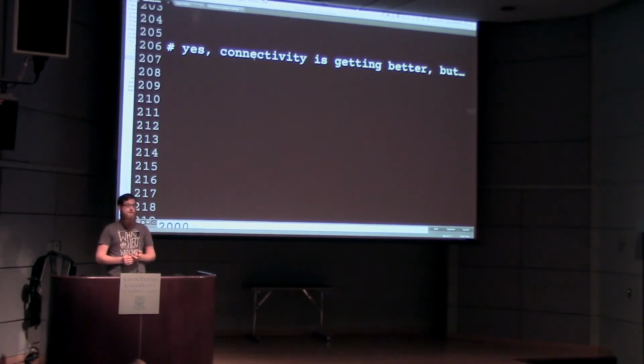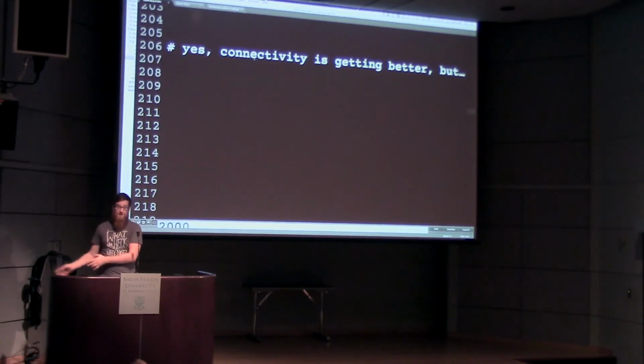There are people who say connectivity is getting better, it will be ubiquitous, we'll have LTE everywhere all the time. I agree, that's a really good thing we're striving for, and I actually want that. But we're at least decades away from having that on the entire planet, and I don't think we'll have it in all places forever.